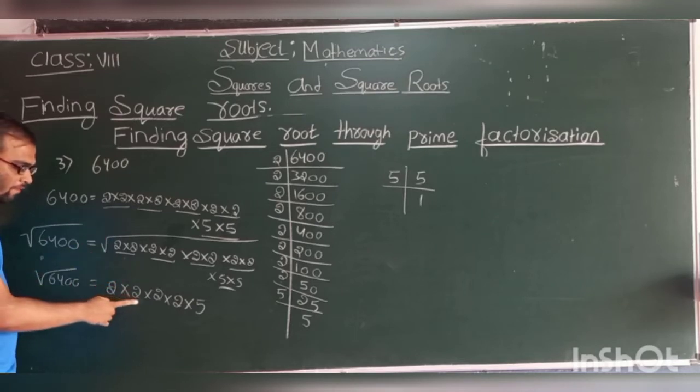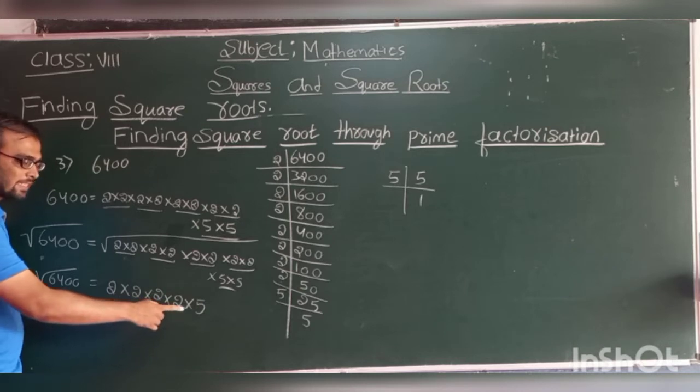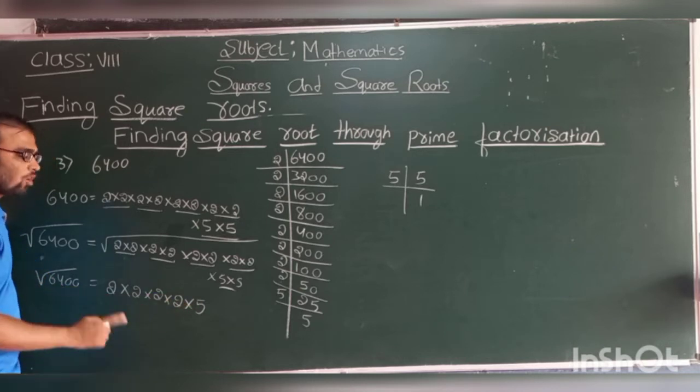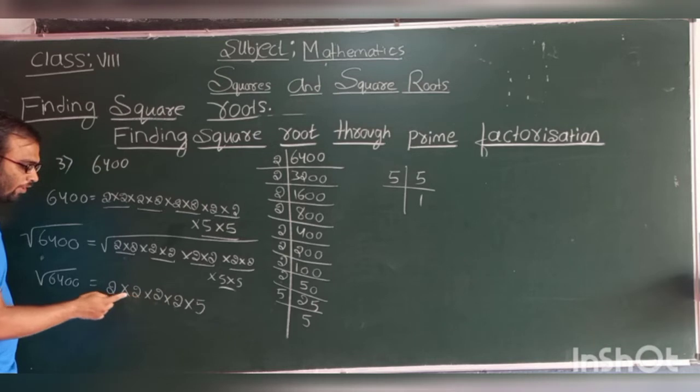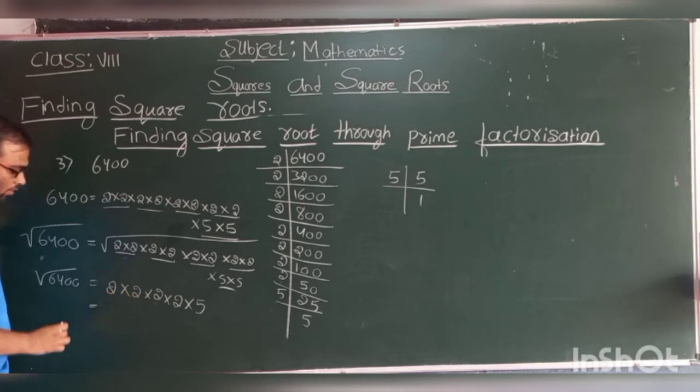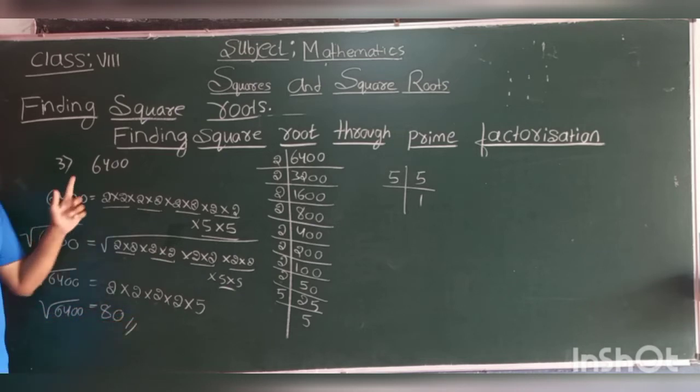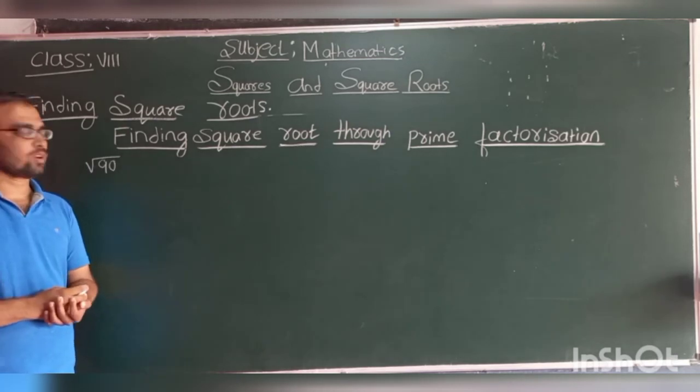So here 2 2s are 4, 4 2s are 8, 8 2s are 16, 16 5s are 80, or 5 2s are 10, 10 2s are 20, 20 2s are 40, 40 2s are 80. Okay. So here what is the square root of 6,400? 80. The square root of 6,400 is what? 80. Students, now we'll find the square root of 90.